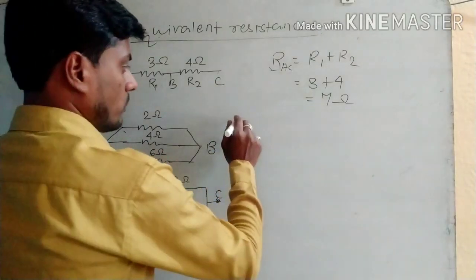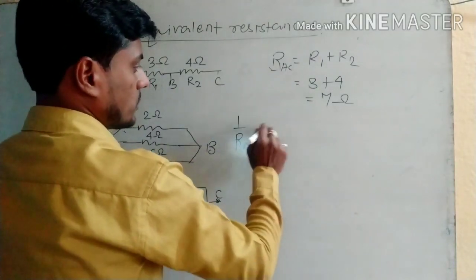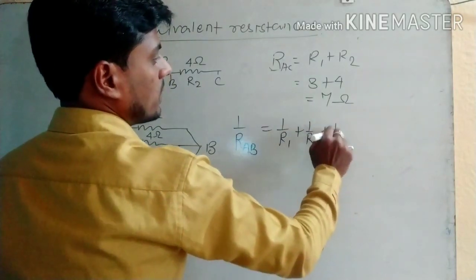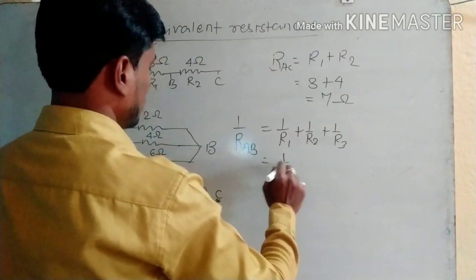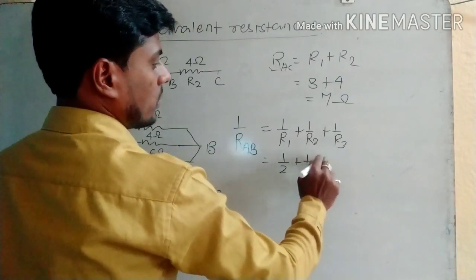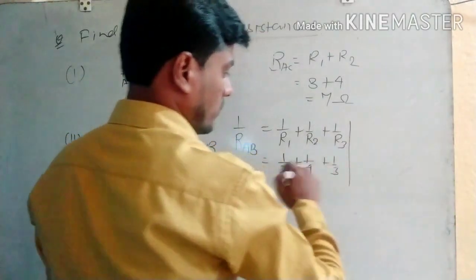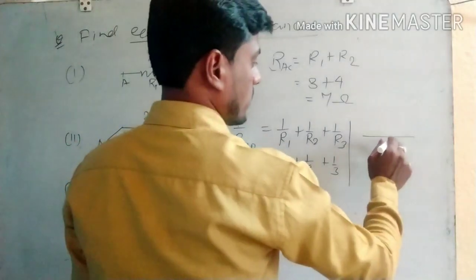We know that in parallel combination 1 by RAB is equal to 1 by R1 plus 1 by R2 plus 1 by R3. So 1 by 2 plus 1 by 4 plus 1 by 3. The LCM of 2, 3, 4 is 12.